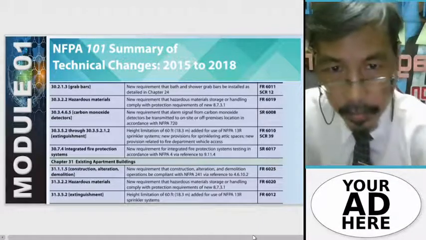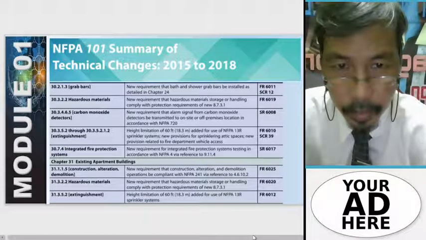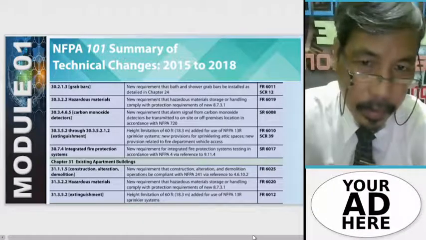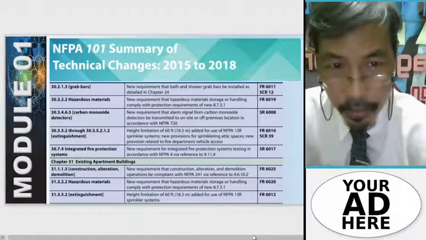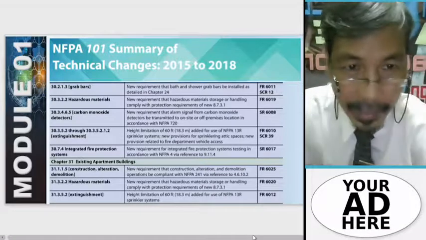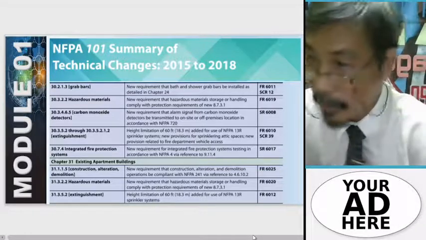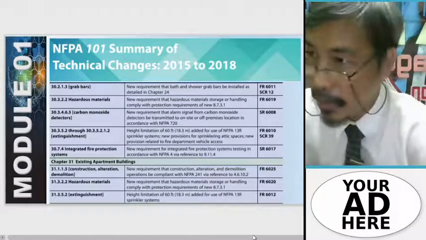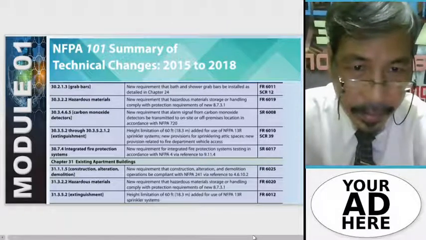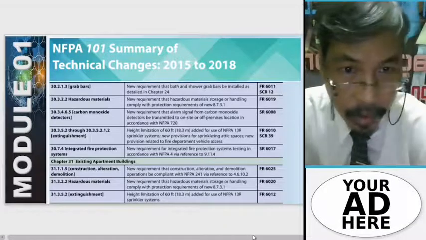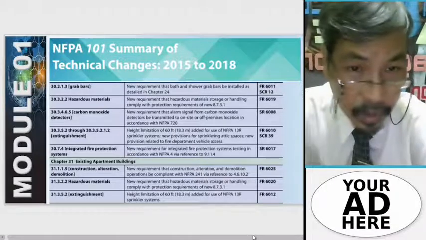What is next? 30.3.5.2 through 30.3.5.2.1.2 about extinguishment. A height limitation of 60 feet or 18.3 meters was added for use of the NFPA 13R sprinkler system. That's very high, about a 5 to 6-story building.